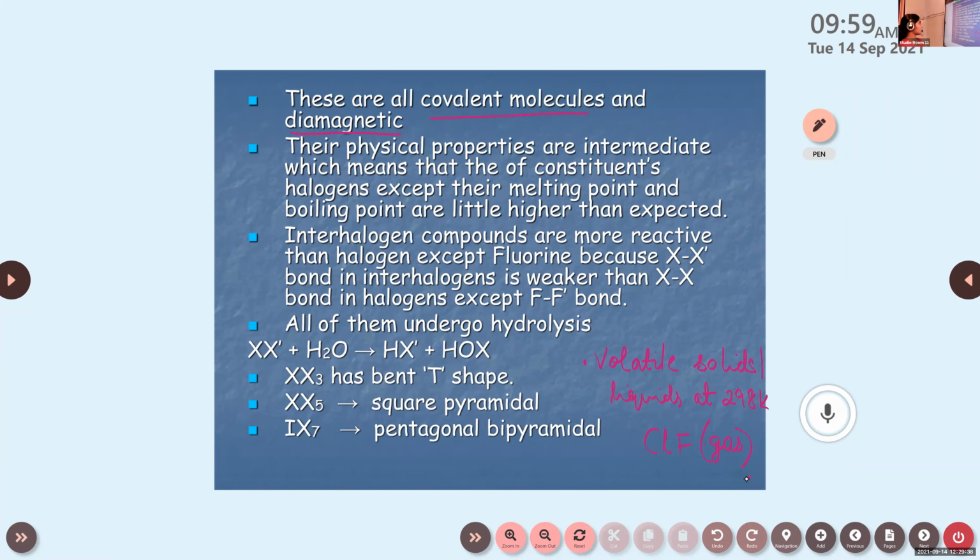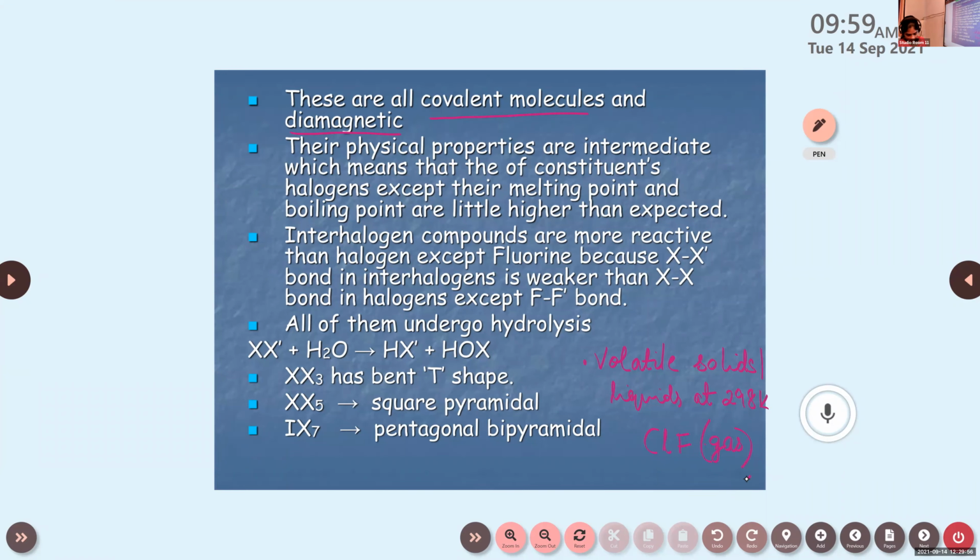Their physical properties are intermediate between those of the constituent halogens, except their melting point and boiling point, which are a little higher than expected.